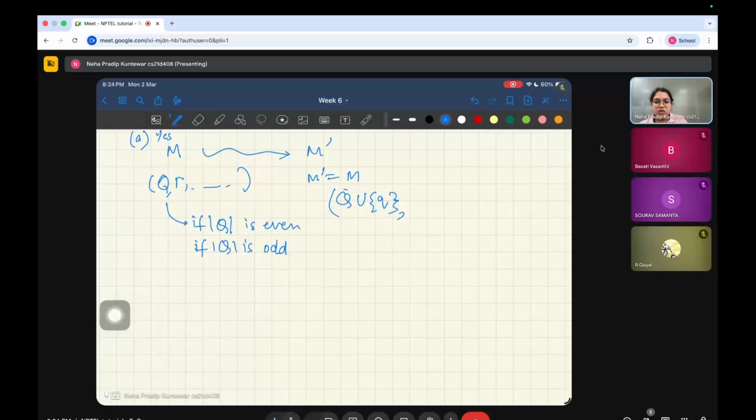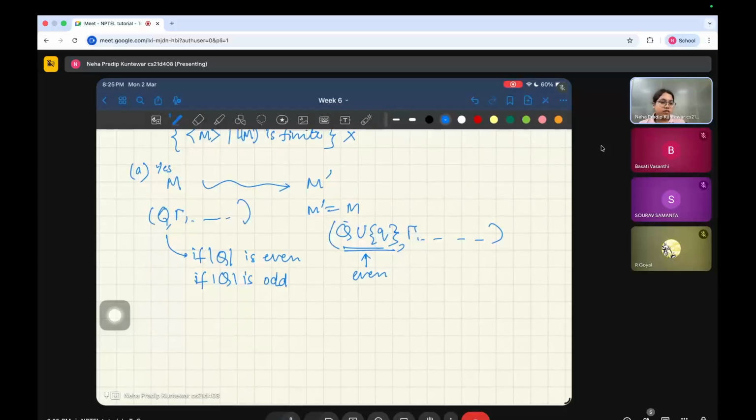It's not reachable, there are no arrows or anything, it's just an additional state, and the rest of the things remain unchanged. Now the number of states becomes even. This you can always do. So is A okay?